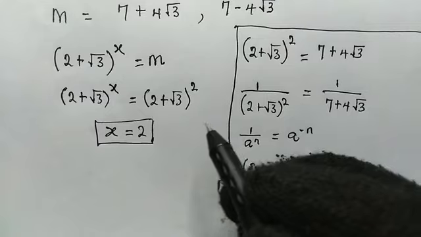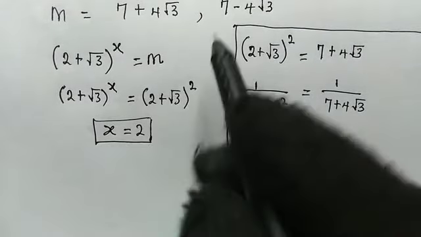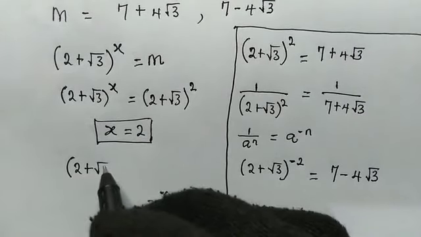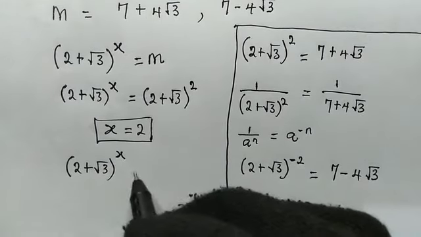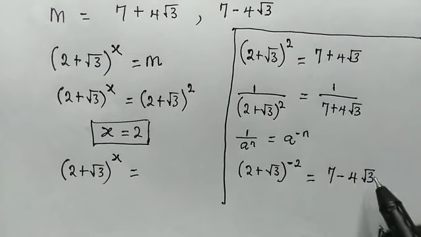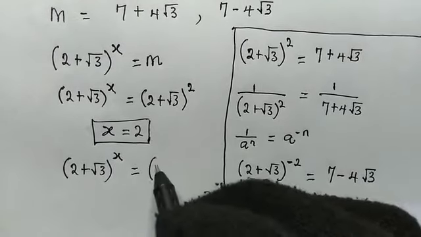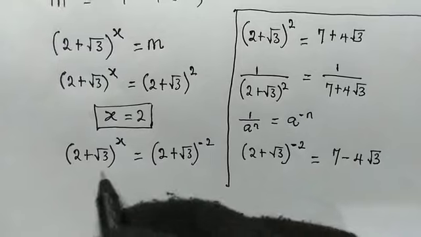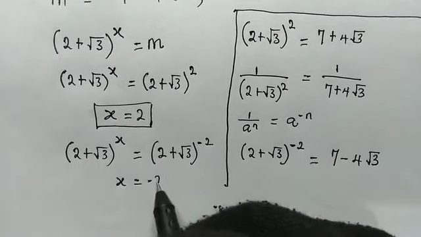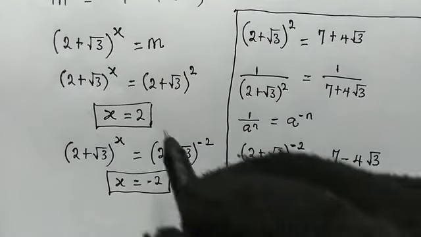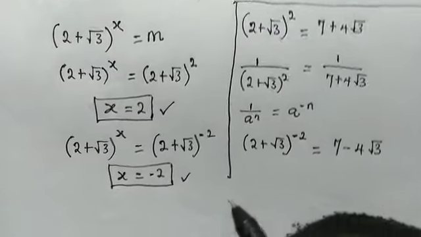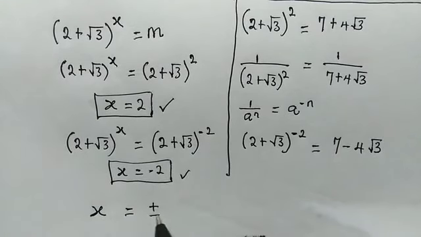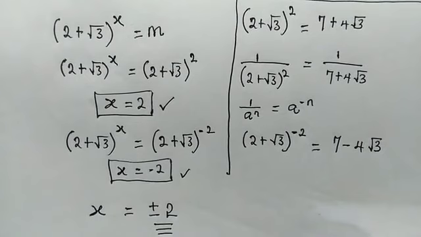Now for the other solution, when m is equal to 7 minus 4 root 3, we have 2 plus root 3 to the power of x equal to 7 minus 4 root 3, which is exactly 2 plus root 3 to the power of negative 2. Again we have the same basis, so we can equate the powers, and here we find another solution. So x equals 2 and x equals negative 2. The solution to the problem is x equal to plus or minus 2. And here we find the solution.